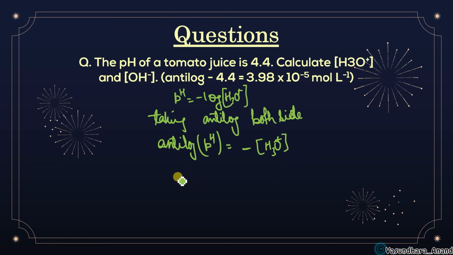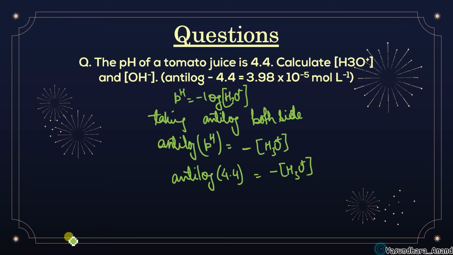So the anti-log of pH, which is given as 4.4, is equal to minus H3O plus, and we want H3O plus.